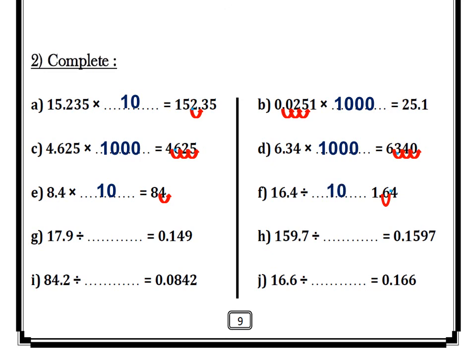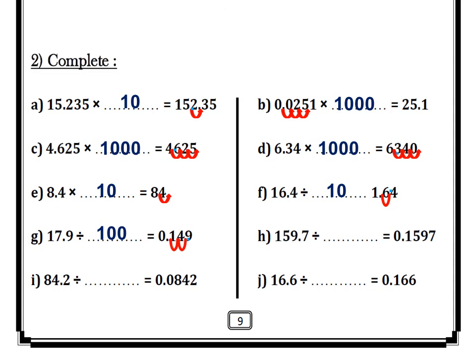G, 17.9 divided by what equals 0.179? Your decimal point was between the 7 and the 9. I'm going to move backward 2 steps, so I divide by 100.